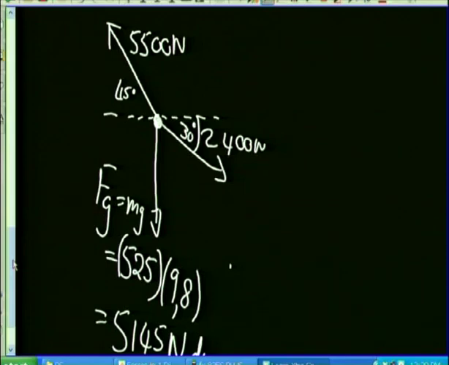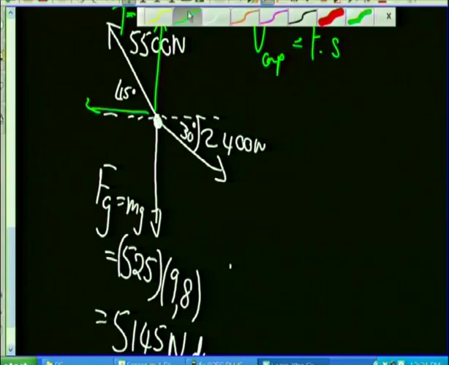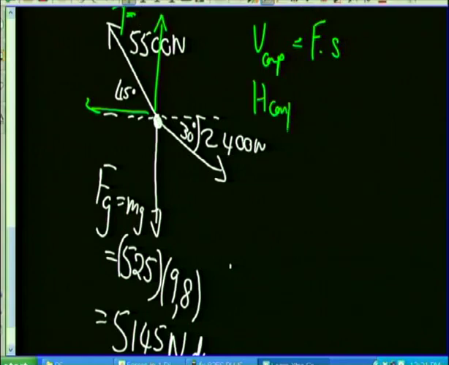So I want to first of all start with this force, the tension in the cable. So there we go. And I want to find what its horizontal and its vertical components are. Remember in the previous section we said that the vertical component is equal to the force times sine theta, and the horizontal component is equal to the force times cos of the angle.